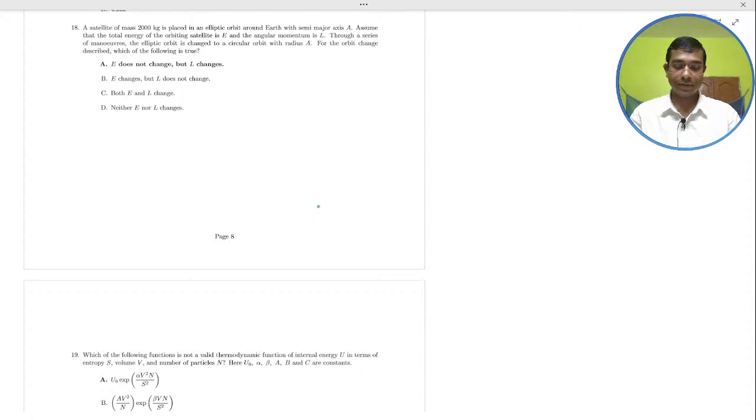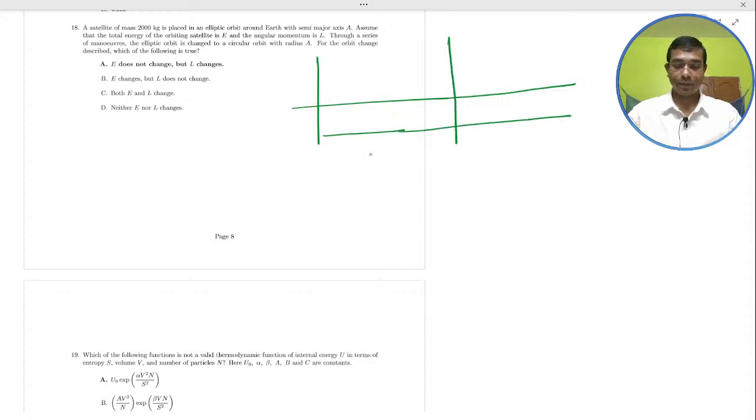Basically, the diagram here, this is for the circular orbit, very important. This is for the circular, r equal to A. And this is for the elliptical.